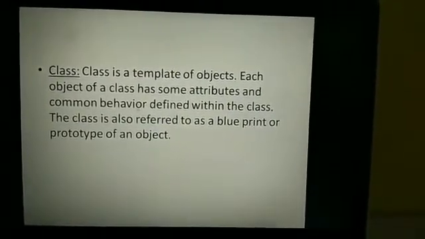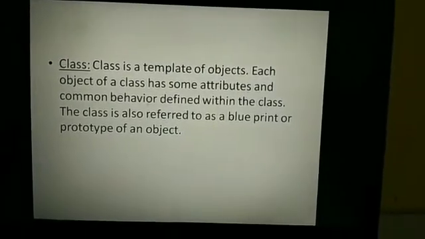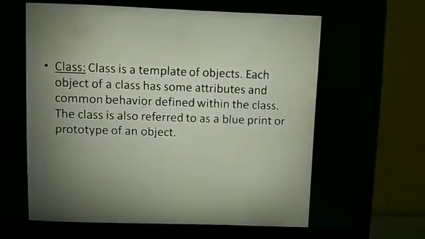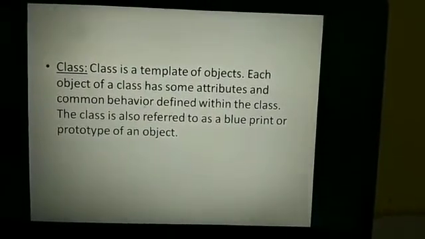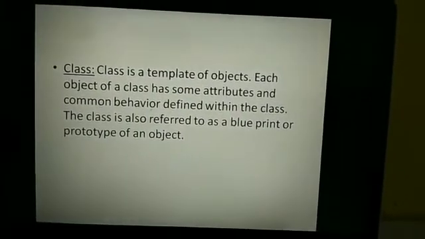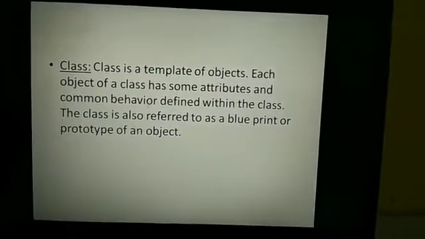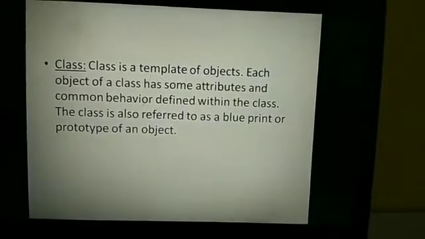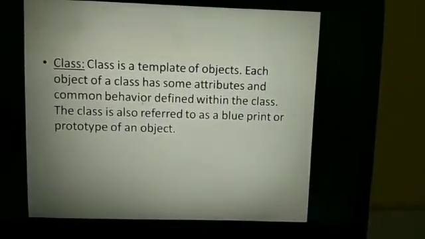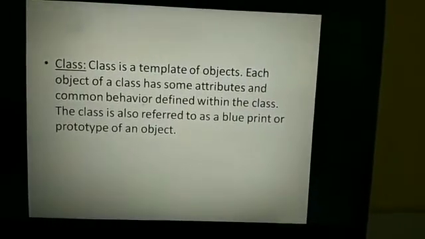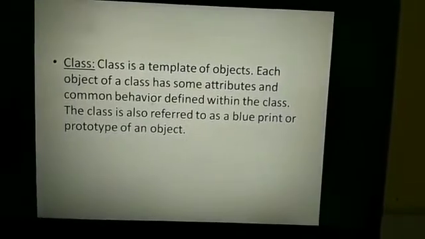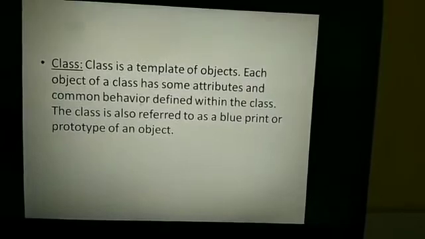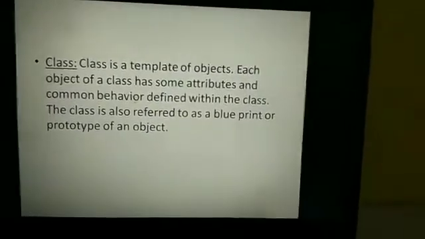Each object of a class, each student of a class, has some attributes and common behavior, meaning common things which you have within the same students, defined within the class. A class is also referred to as a blueprint or a prototype of an object.